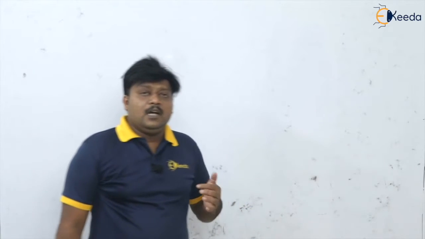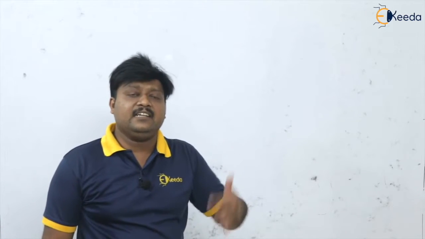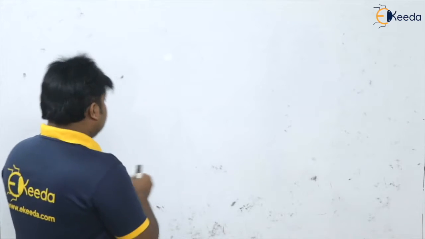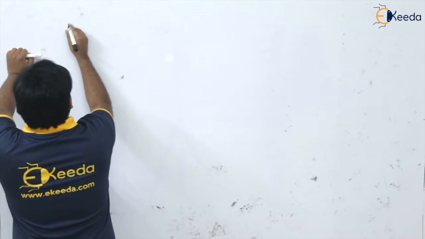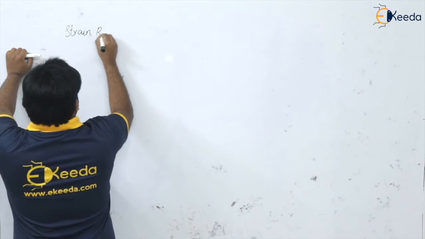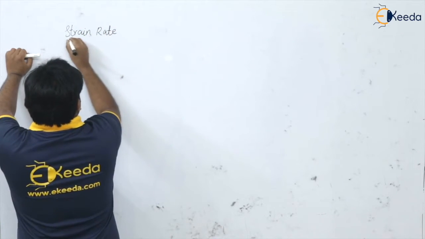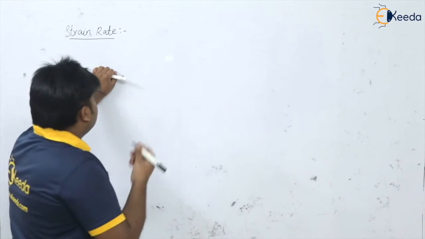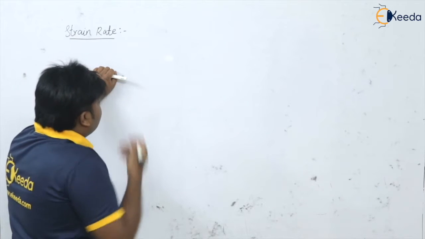Dear students, now after seeing the relationship between engineering and true stress strain, let us now have the strain rate. Okay. So the strain per unit of time is nothing but the rate of that strain.